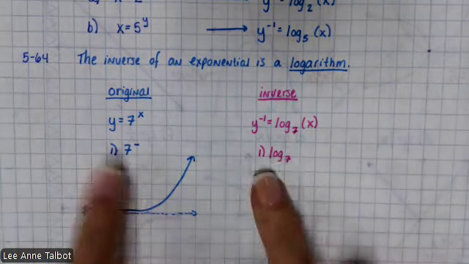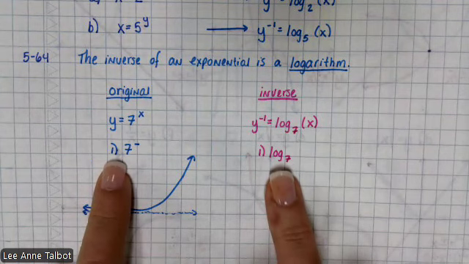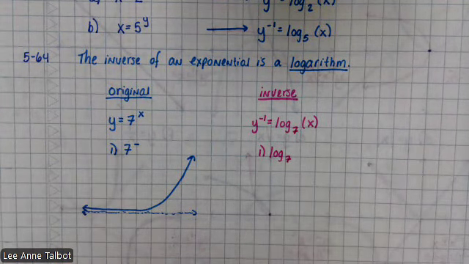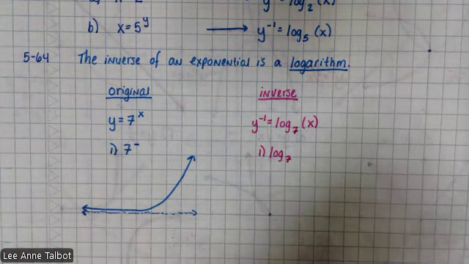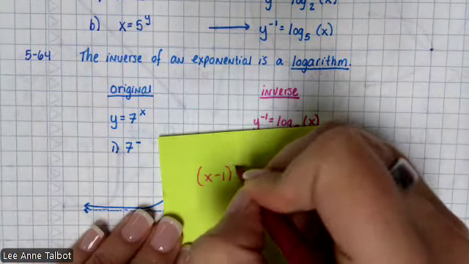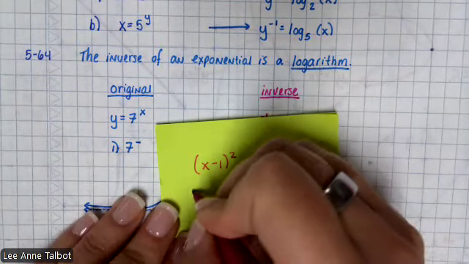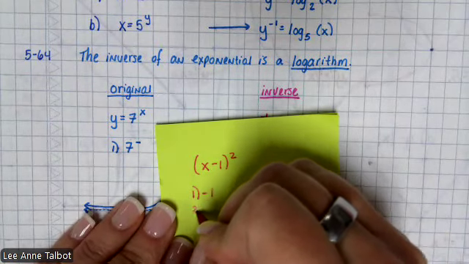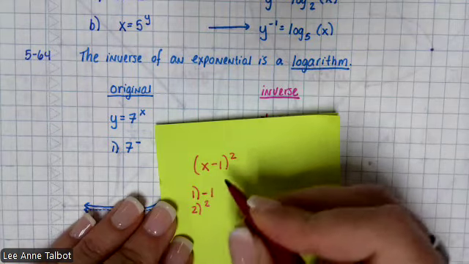So these are the two things that undo each other. I want to remind you, you know how we have x minus 1 squared, and you would say, okay, step 1 would be minus 1, step 2 would be squared. Are you with me?